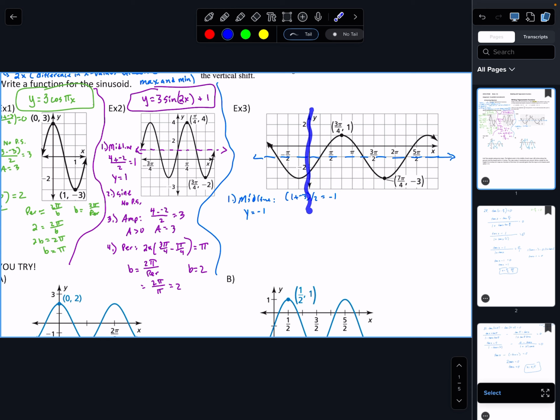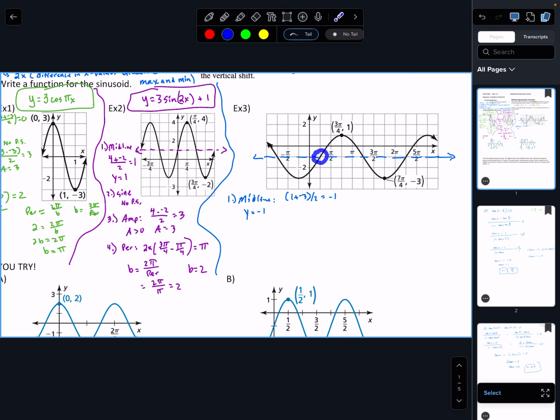So when I'm looking at this, I want to find the closest place to the right or left where the function crosses either at the center midline or the max or the min. And there are 2 choices.